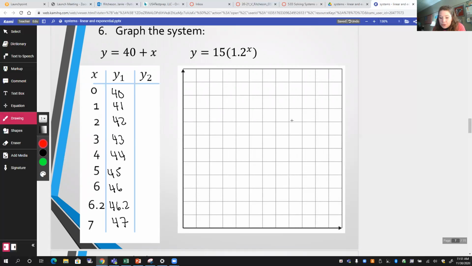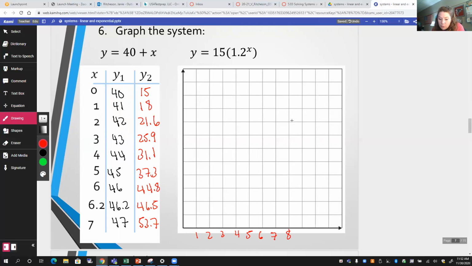And then for our exponential, we have 15, 18, 21.6, 25.9, 31.3, 37.3, 44.8, 46.5. It's really close right there, isn't it? And then 53.7.